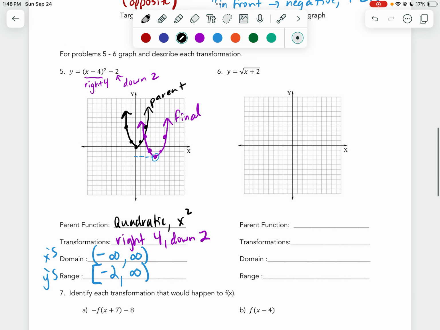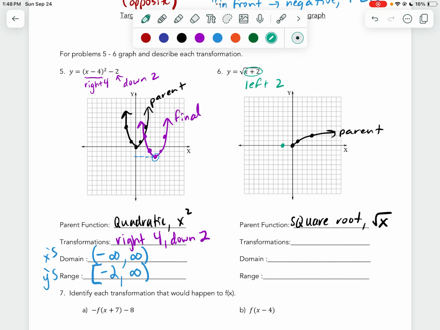Okay, next one. This has the square root function. So this one looks like this. Again, this will be given to you. Okay, the transformation on this one is inside, the +2. So inside is left or right. Do the opposite. So this would mean left 2.